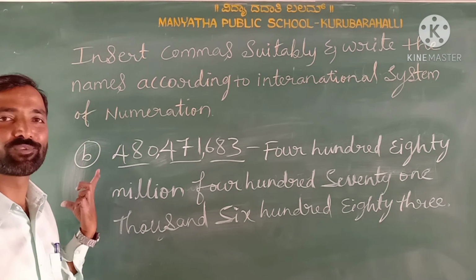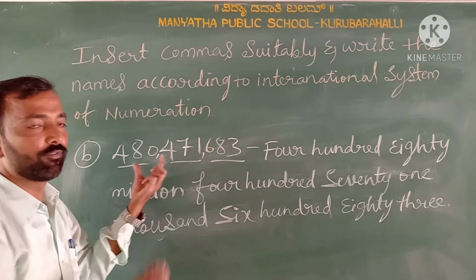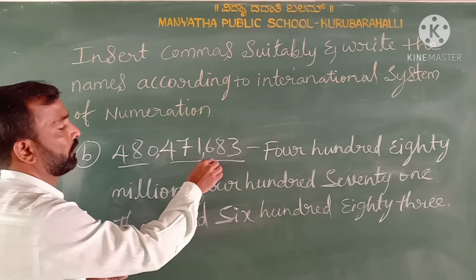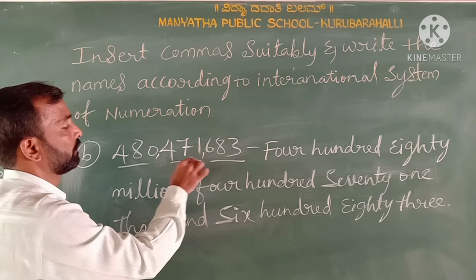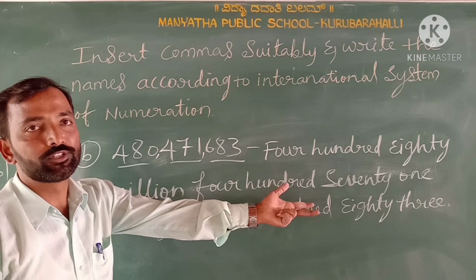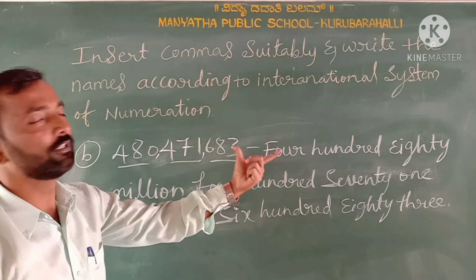See, the problem? What you do? Just put a comma for every 3 digits from right side to left side. After that, it is a unit group, thousand group, million group. See, now you write that according to International System of Numeration. Just read once again.